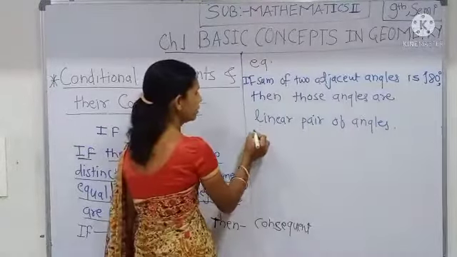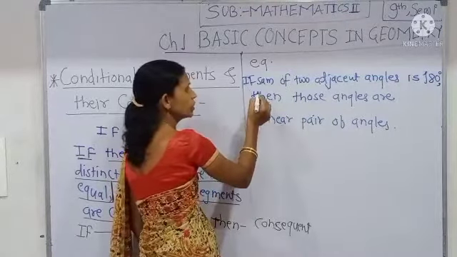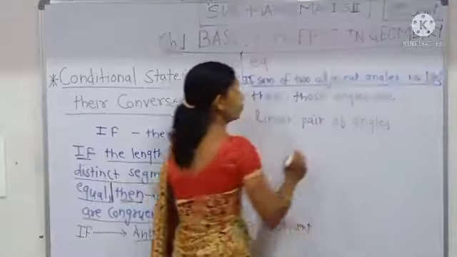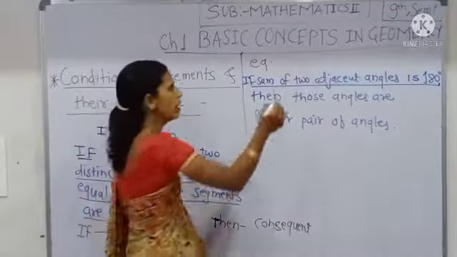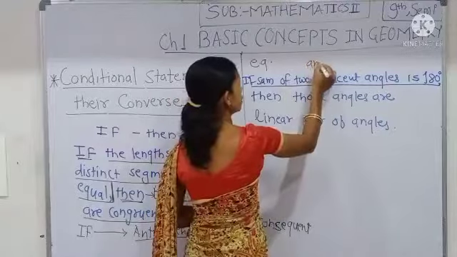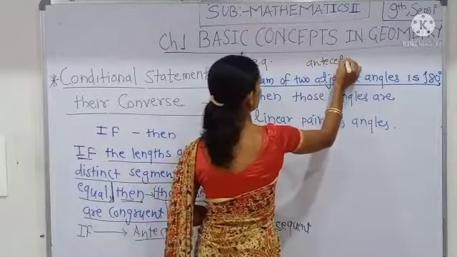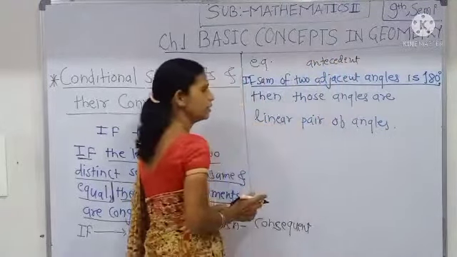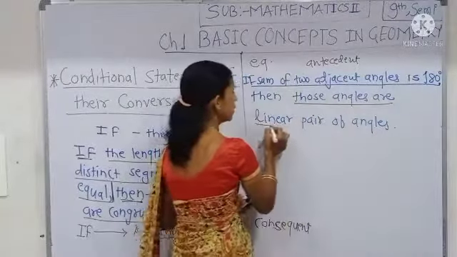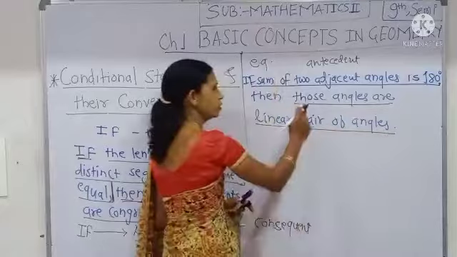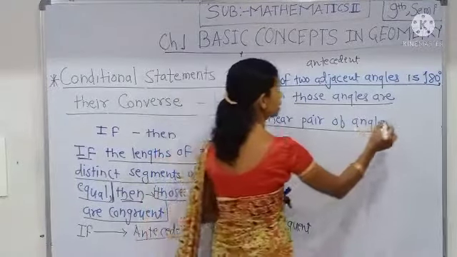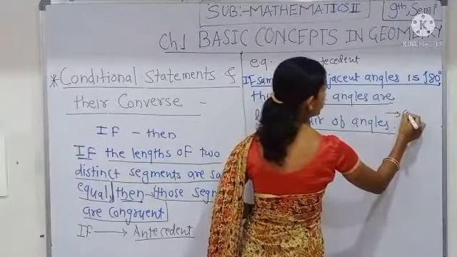See here, the antecedent is: the sum of two adjacent angles is 180 degrees. And the part which follows then, those angles are a linear pair of angles, is the consequent.